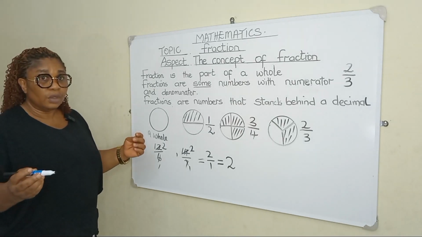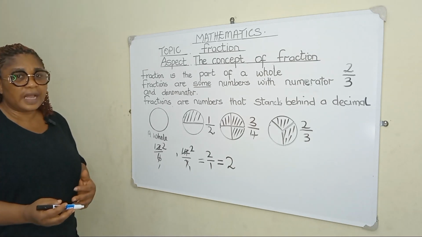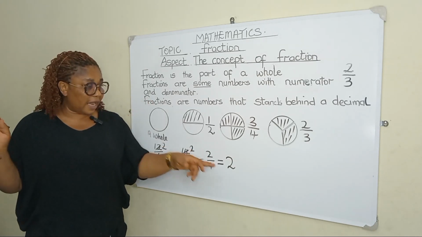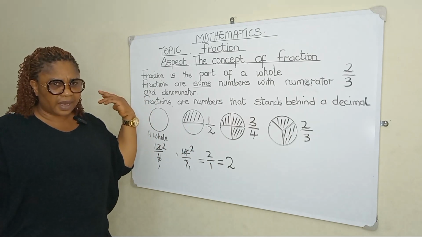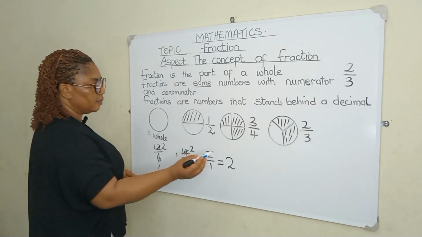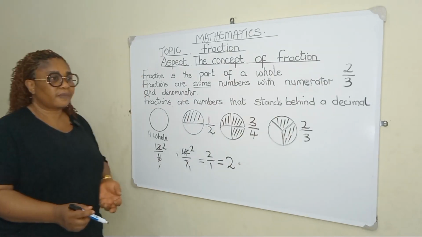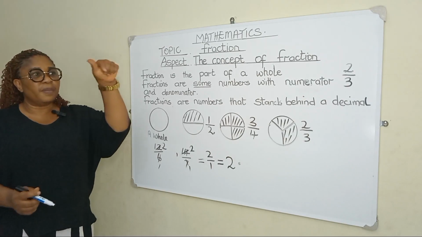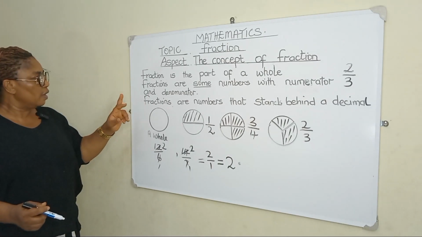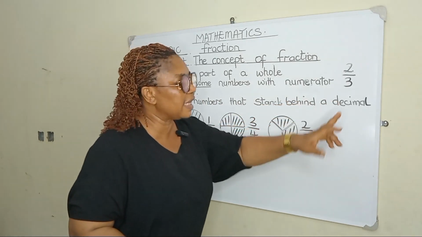We can only come to think of fraction when these move on with decimal. Know that any number that is standing alone like this has a decimal at the back. Now the third definition: fractions are numbers that stand behind a decimal.